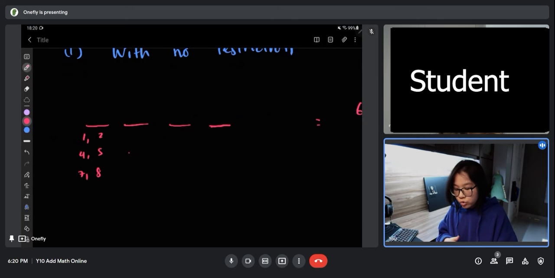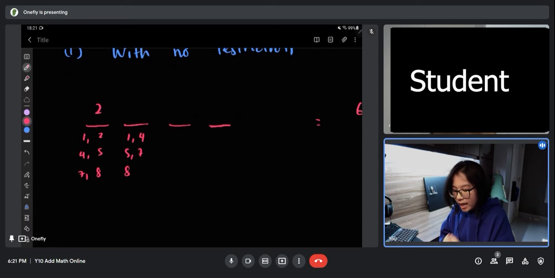Let's say I pick the number 2. Then I move on to the second empty slot. How many options do I have left? 5. Good. I took 2, so I'm left with 1, 4, 5, 7, 8.